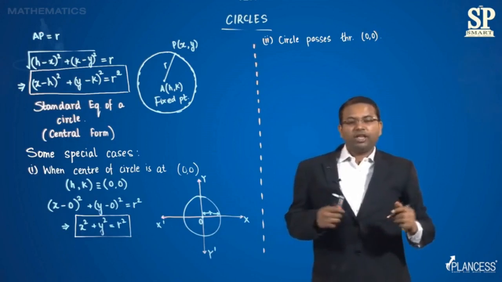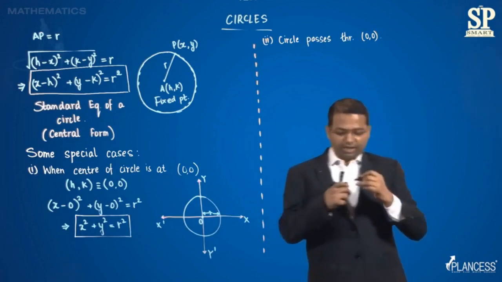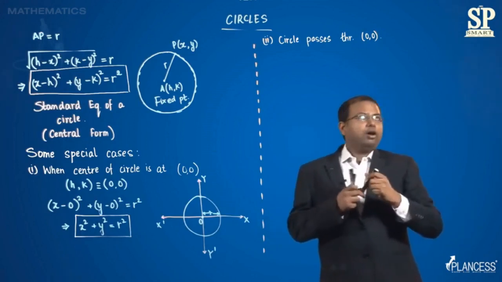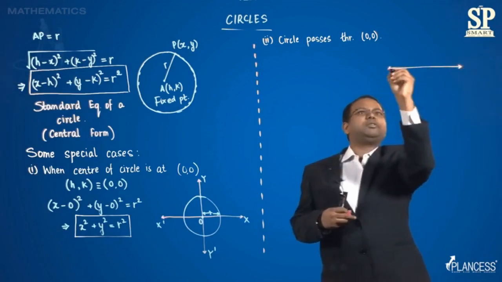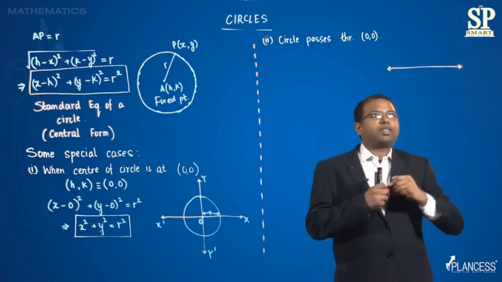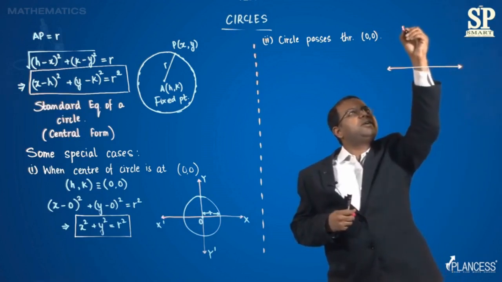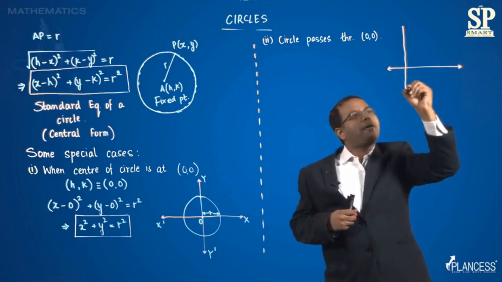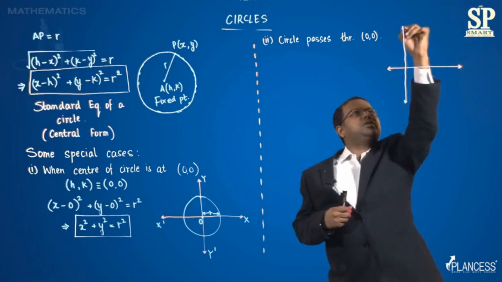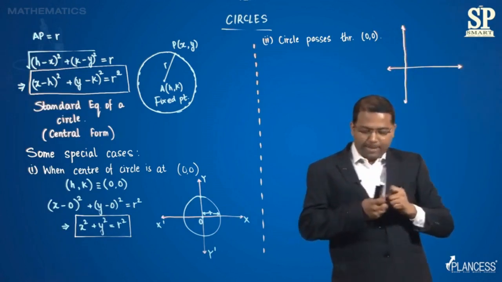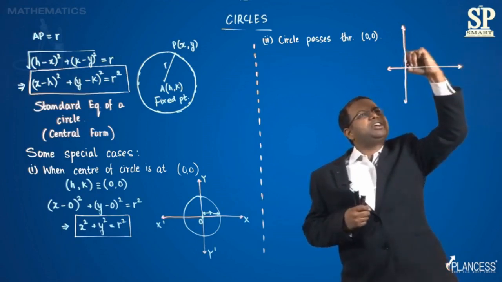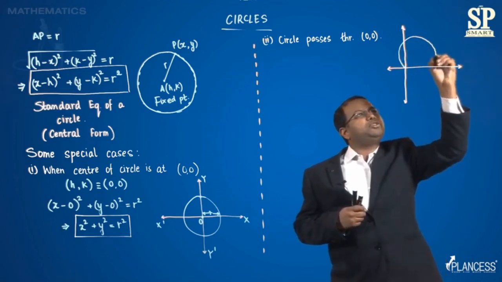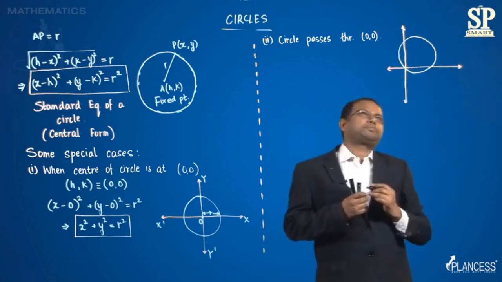In other words, the origin is lying on the circle. So let me draw the circle to begin with. This is our x-axis. This is our y-axis. And say this is the circle which we are talking about.